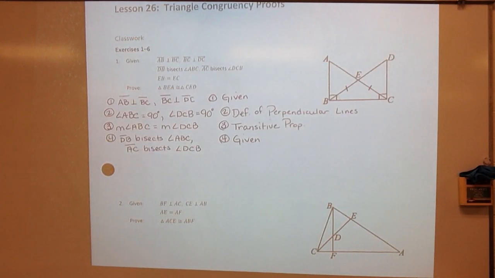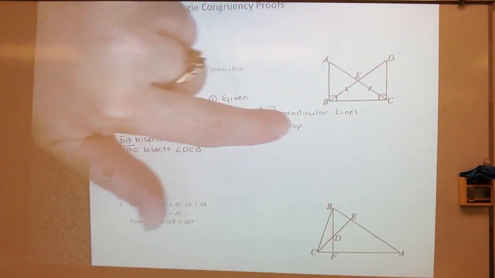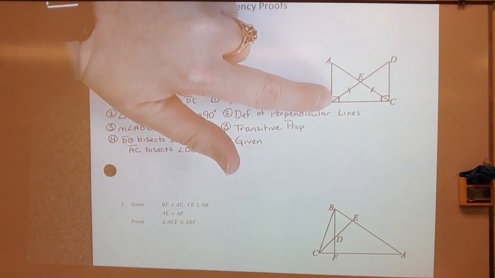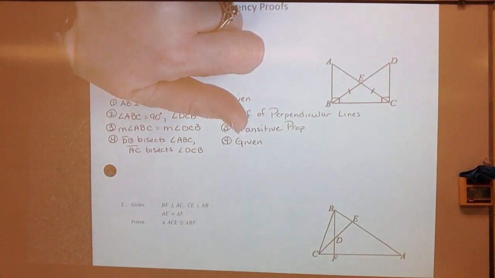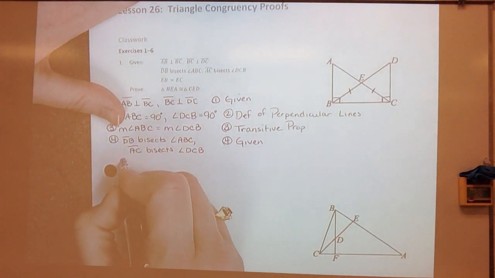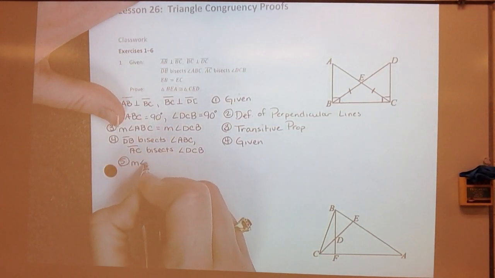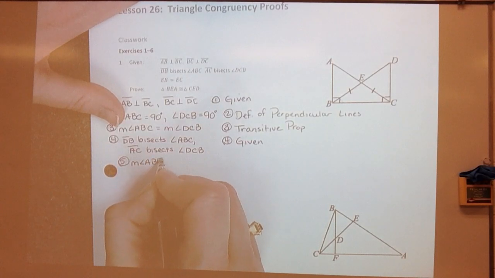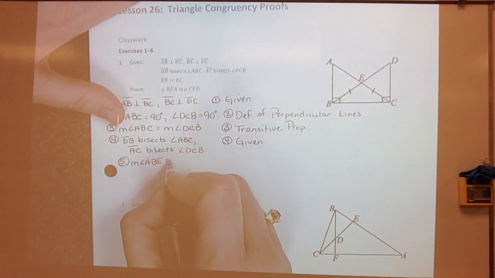If we've already proven these are 90-degree angles, what is half of 90 degrees? That would be 45. So I can now say that the measure of angle ABE is equal to 45 degrees.